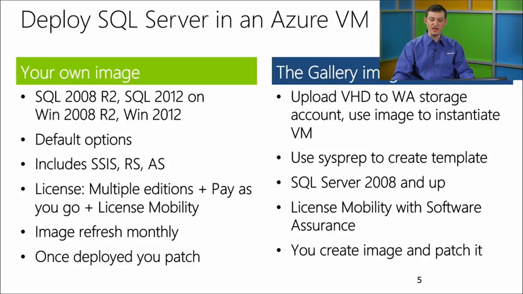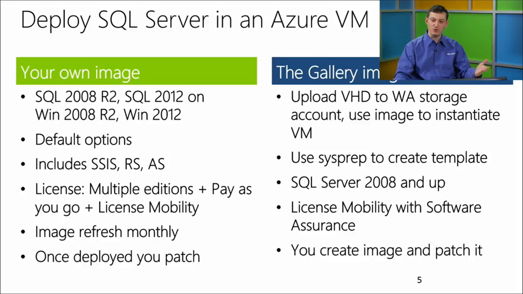For gallery images, we usually refresh images on a monthly cadence if there is any need to patch them, so if there are any security updates that need to be installed related to SQL Server and the image. Sometimes we may skip those updates when there are no patches requiring them, but you can rely on a monthly update cadence, which is what we're pushing for.